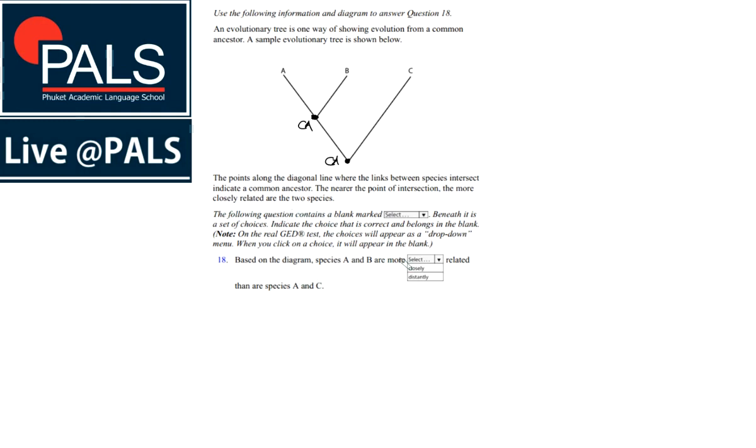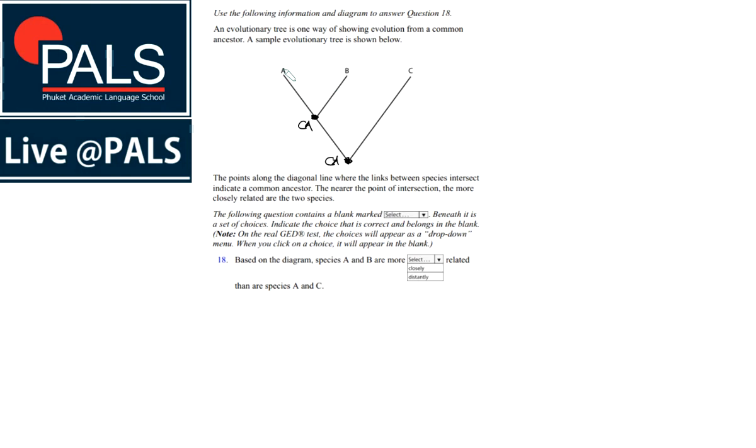The nearer the point of intersection, the more closely related are two species. Based on the diagram, species A, B are more closely related than species A and C, or more distantly related. So A and B, here and here, they share a common ancestor where they meet, whereas A and C share a common ancestor where they meet, and this is down here.